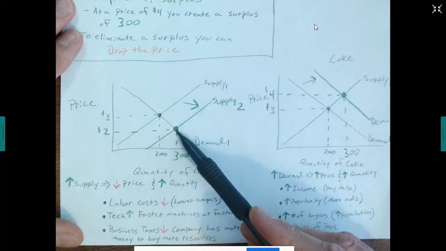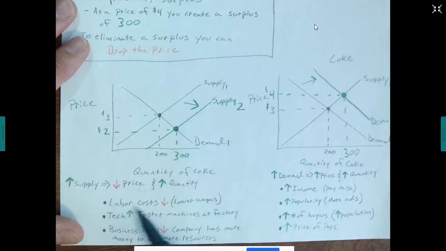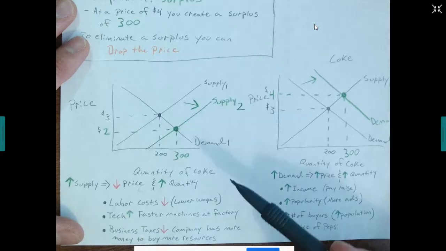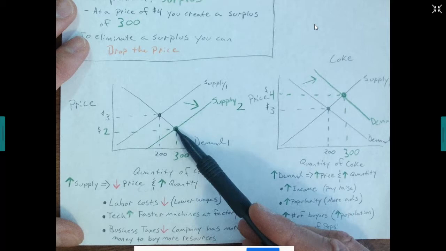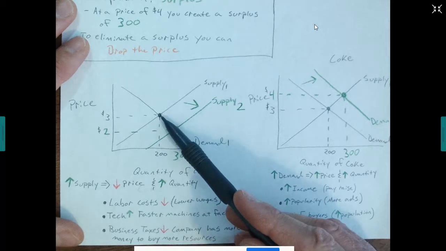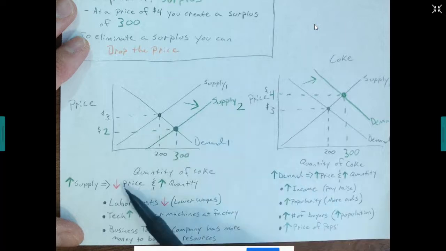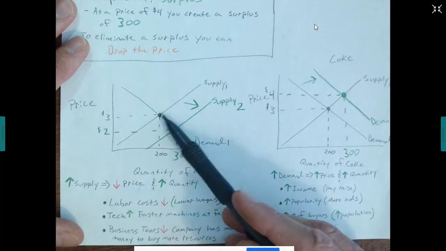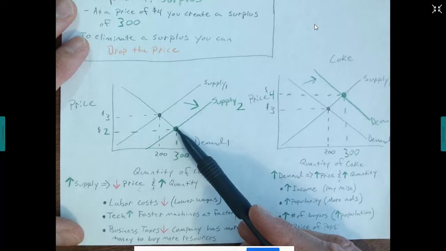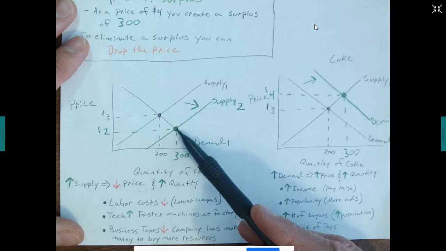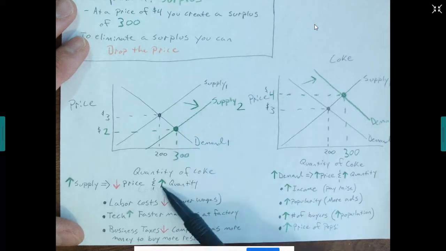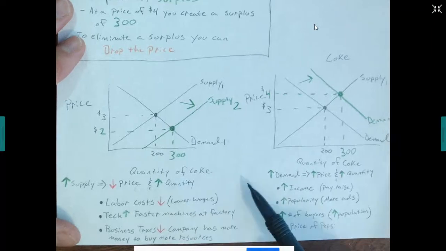But if supply increases and causes this rightward shift, maybe from a drop in labor costs or increase of technology, lower business taxes, or whatever example, if there's a greater amount of these objects and they become less rare, it should logically cost less to acquire them, so prices drop. As prices drop, it is a signal to consumers to buy more. As prices drop, the quantity demanded of these items increases, so quantity goes up.